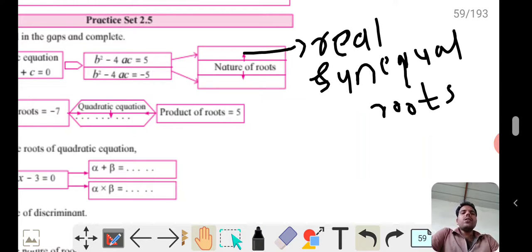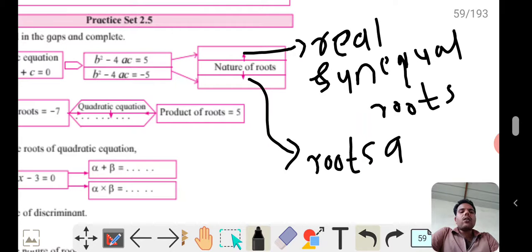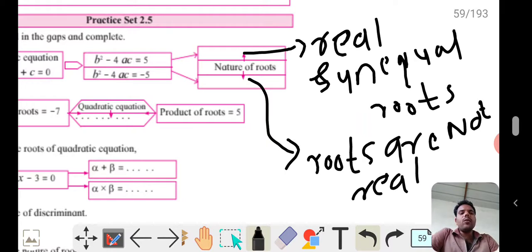So the value of delta is less than 0, that is negative, so we can write in this bracket the roots are not real. So this is about the first activity.